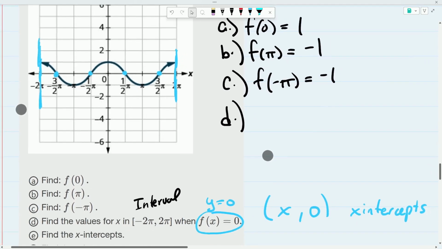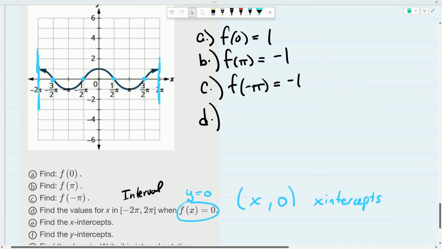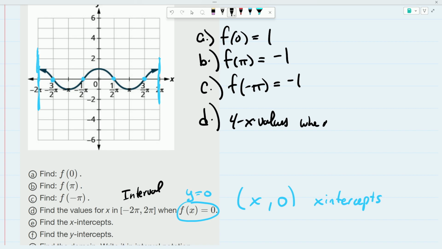So I'm going to zoom back out. So we have 4 x values when f of x equals 0. Okay? And I'm just going to go ahead and list them below. So the first one is going to be negative 3 over 2 pi, comma.